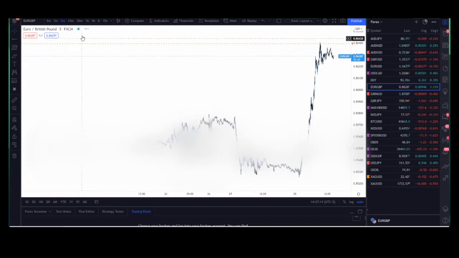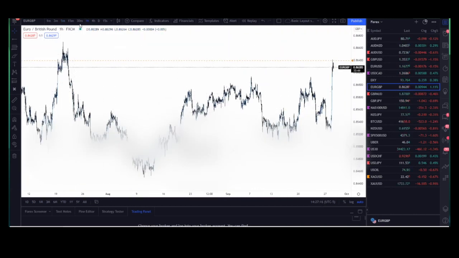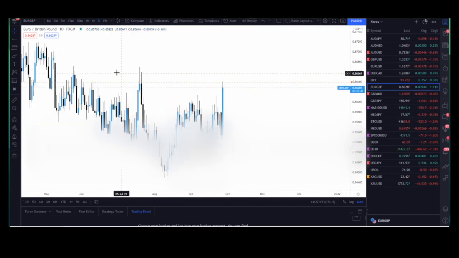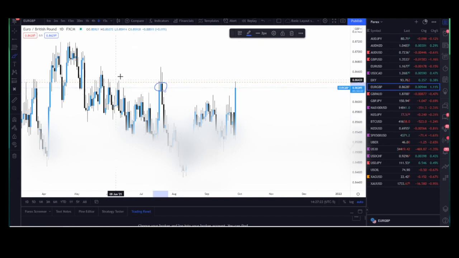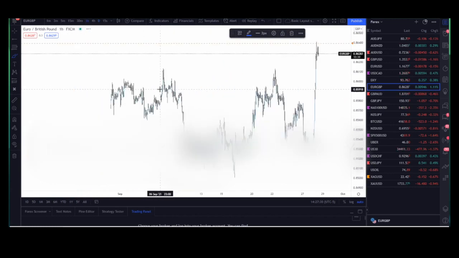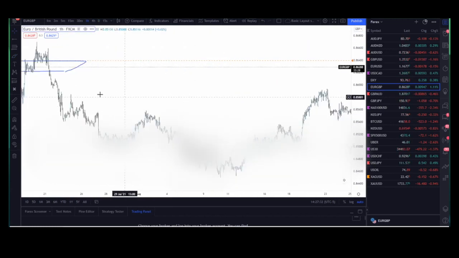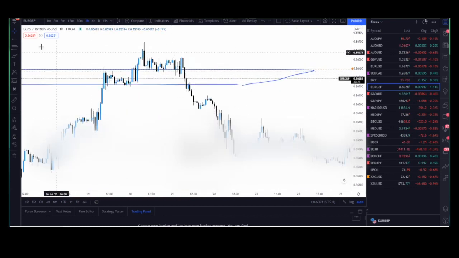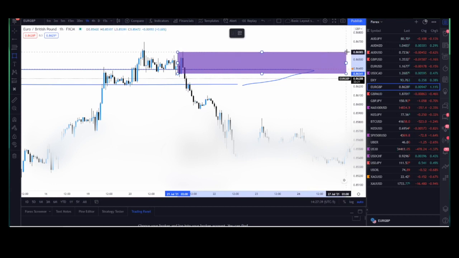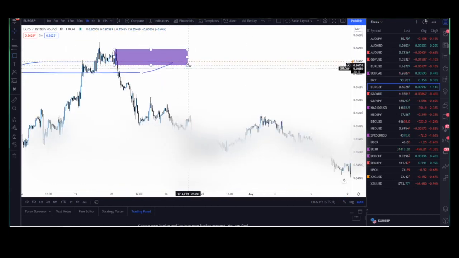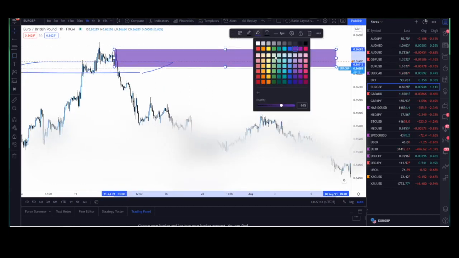But the area that I'm paying attention to. All right, so we have this daily, but then we also have some things in here to keep an eye on. So inside that daily, paying attention to this area. Okay, cool.